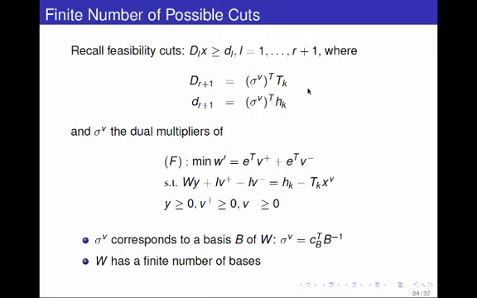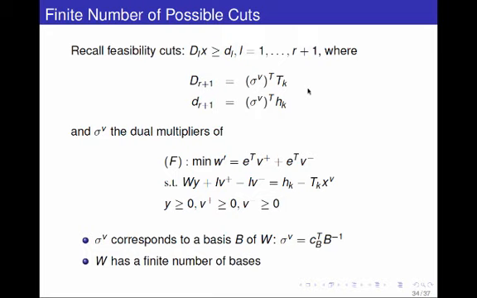Feasibility cut, this Dx greater than or equal to d, the D r plus 1 was defined as this thing here. That's the recipe I gave you for computing it. And the little d was defined as this guy here.